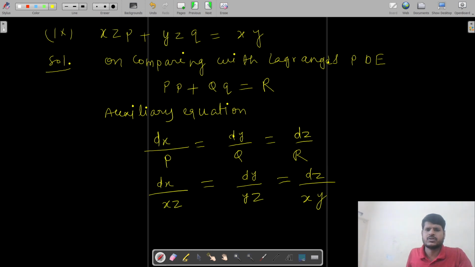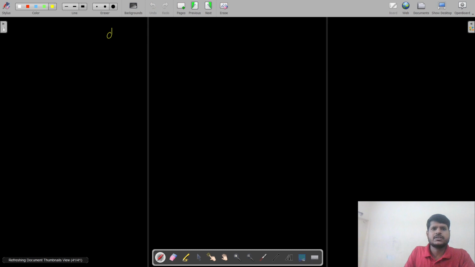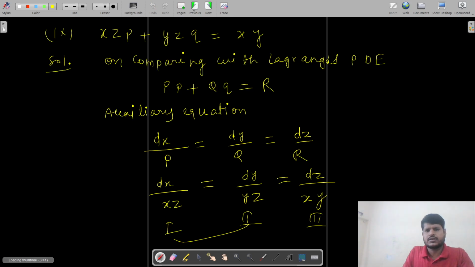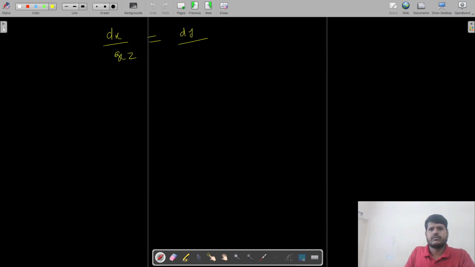So now we have to solve this problem. This is the first one, this is the second one, and this is the third one. I am taking the first and second. So we have dx upon xz is equal to dy upon yz. Now you can see this z cancels, we have dx upon x equal to dy upon y, right?